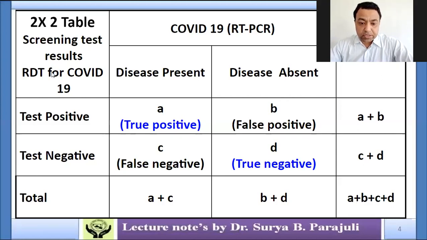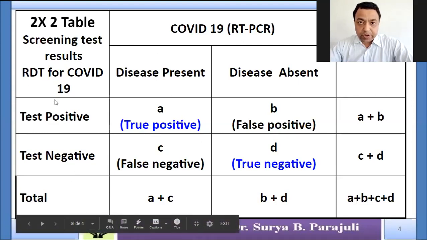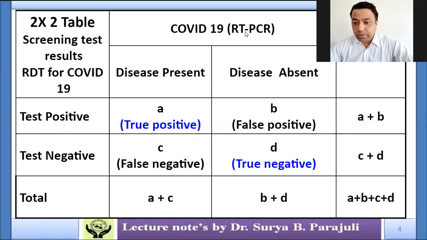Screening test result: this is the RDT for COVID-19, for screening purposes. And this is COVID-19 RT-PCR, reverse transcriptase polymerase chain reaction. Let's consider this one of the gold standard tests. Through this RT-PCR, this number of people are diagnosed as having COVID-19.